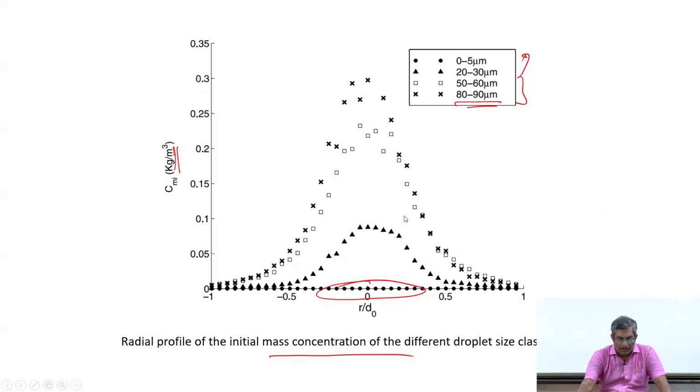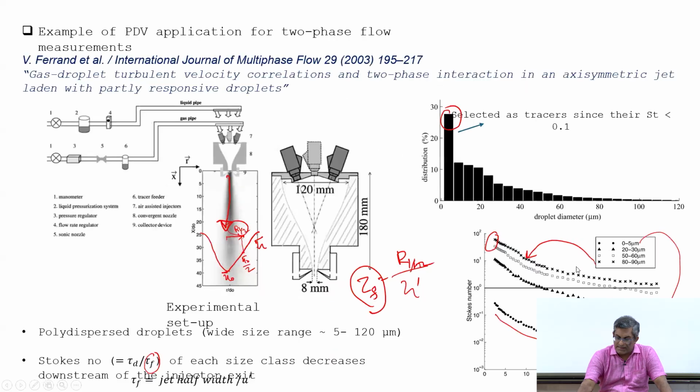In this case, when they calculated the Stokes number for very small particles, as you can see here, this is smaller than -1.